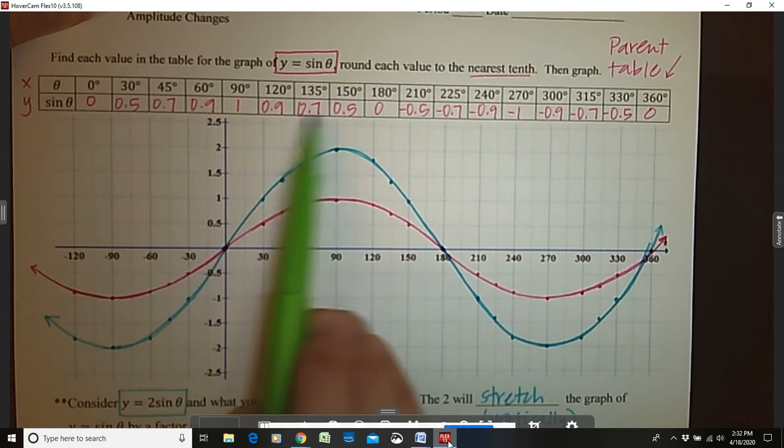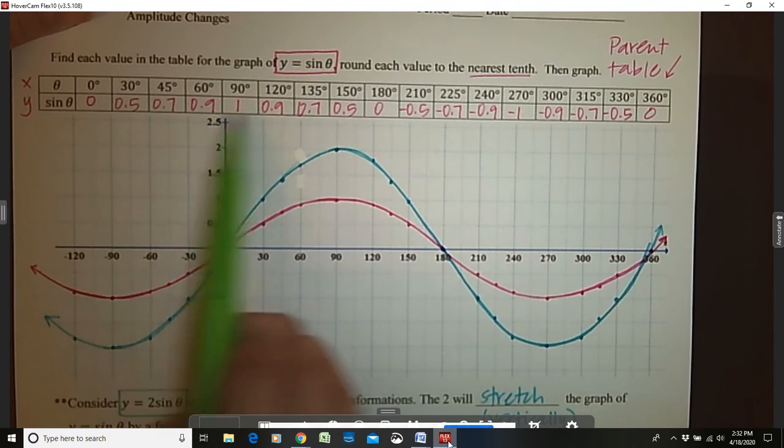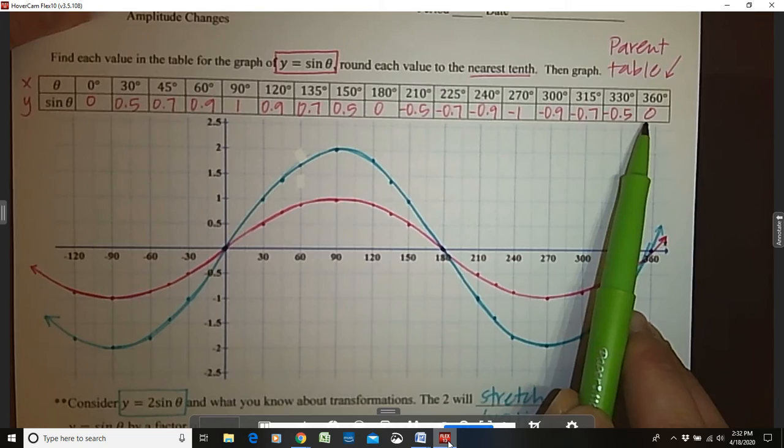So if I multiply all of these by -1, they're going to become negative, where all of these are going to switch to positives.